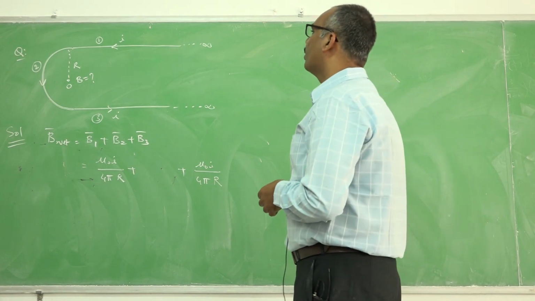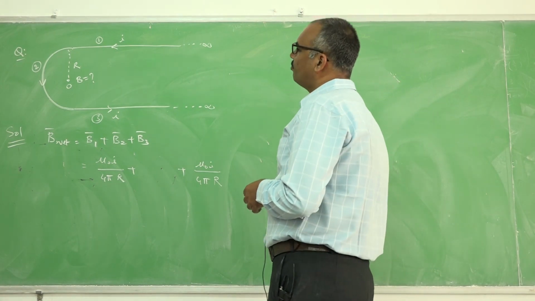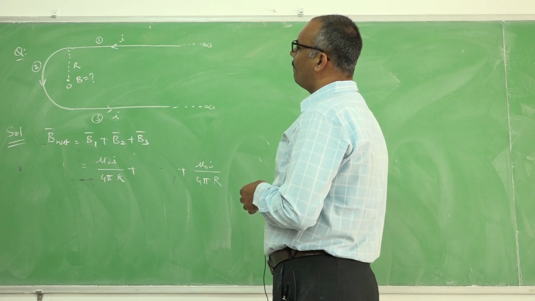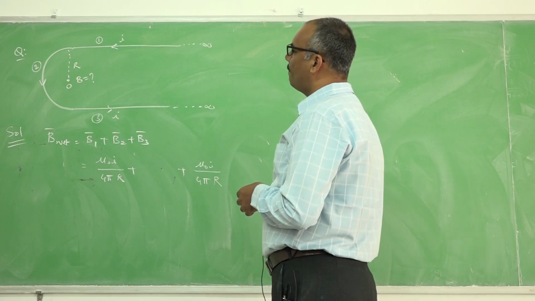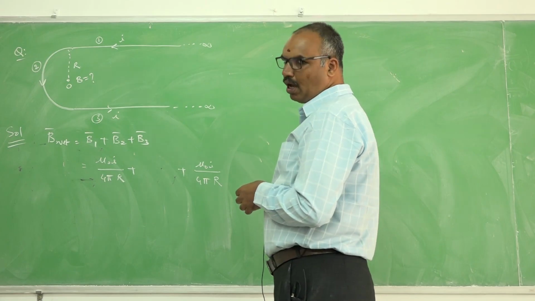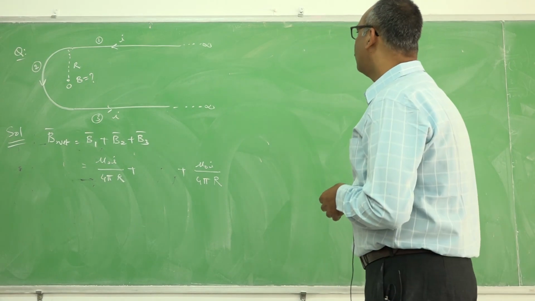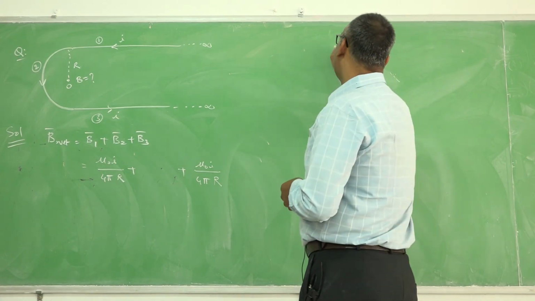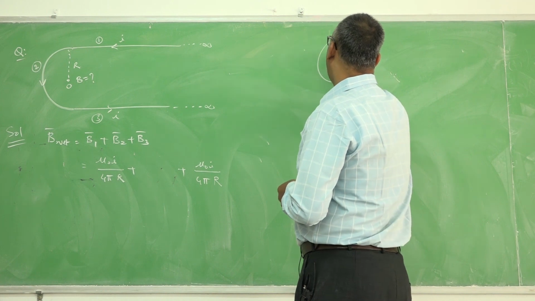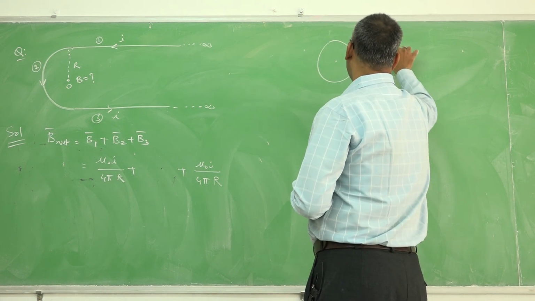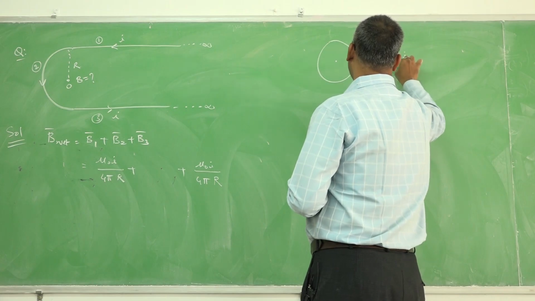You can easily calculate. It is nothing but half of the circular loop. For a completely circular loop, magnetic field is B is equal to mu naught I by 2R at the center.